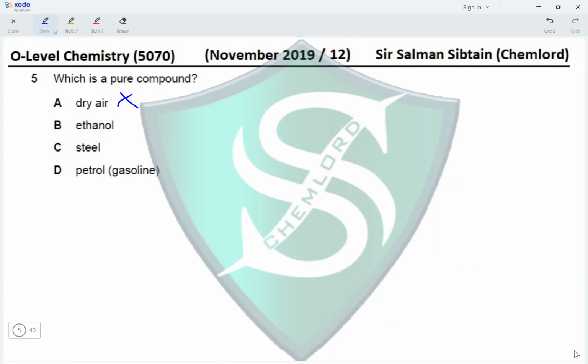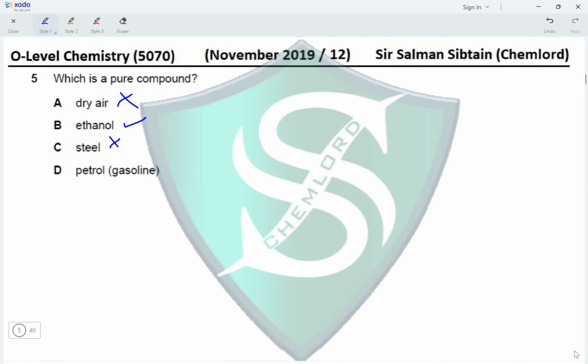Ethanol. Pure ethanol will only have ethanol present and nothing else. There would be no water or ethanoic acid or anything as impurities. So this is correct. Steel. Steel is made up of iron and carbon. It is not purely iron or purely carbon. It is a mixture, an alloy. So this is not it.